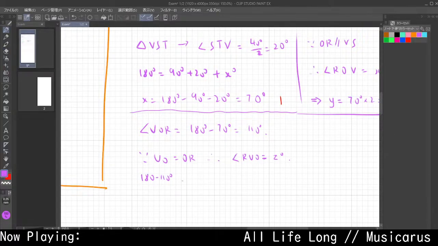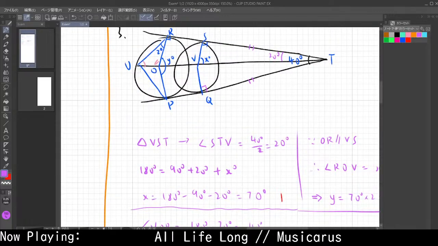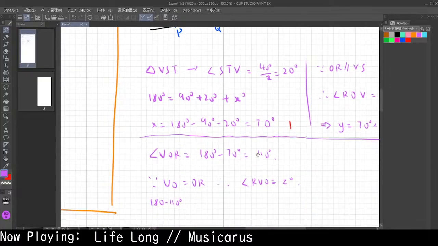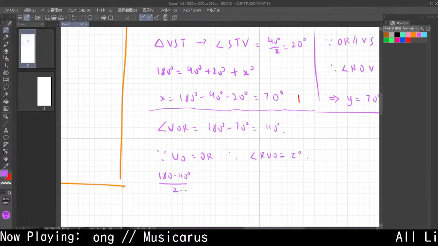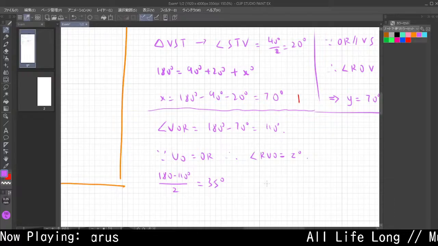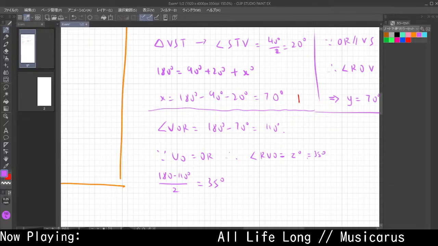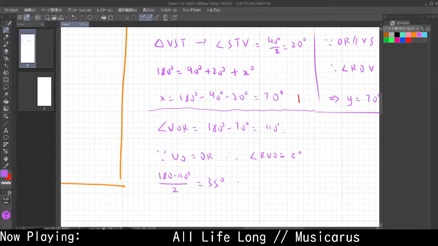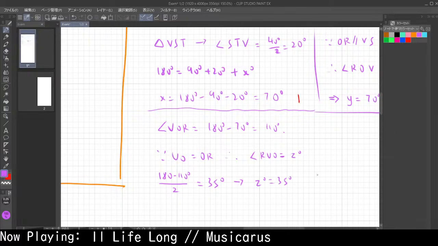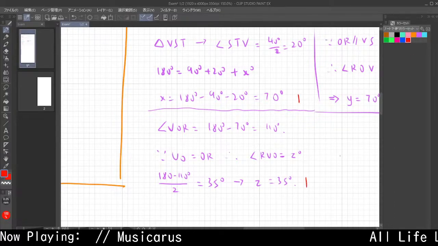Then this is the sum of these two angles, the angles on the base of the triangle, and therefore you can just divide it by 2. Dividing by 2 you get 35. So one of them is IUO, one of them is z. So these are both 35. Okay, therefore z equals 35, and there you have it. That's basically it. So this is one mark.